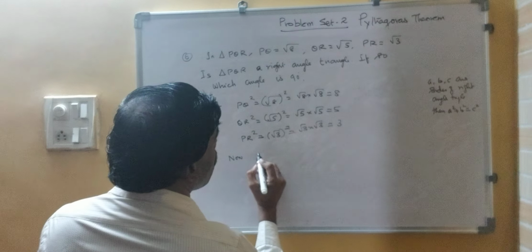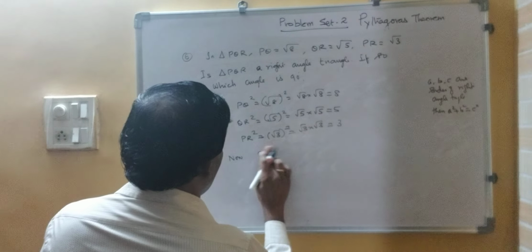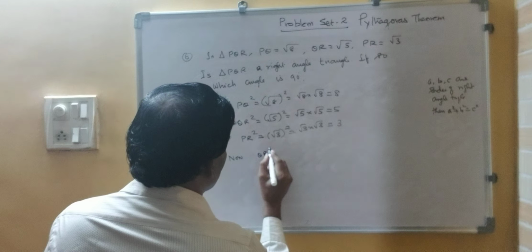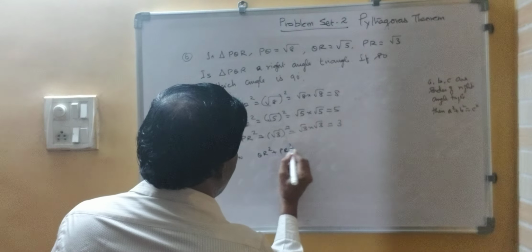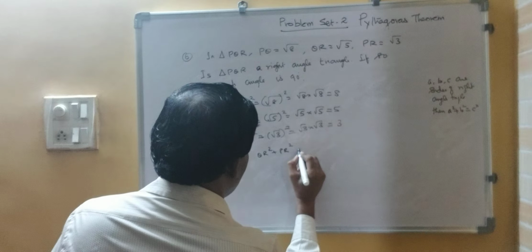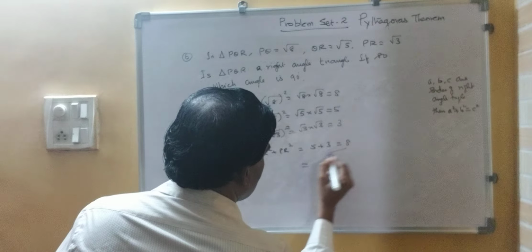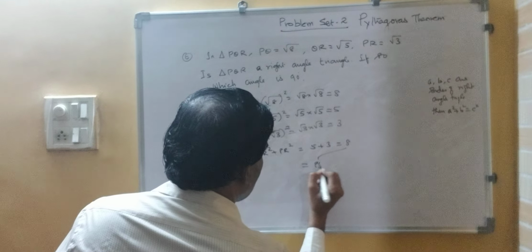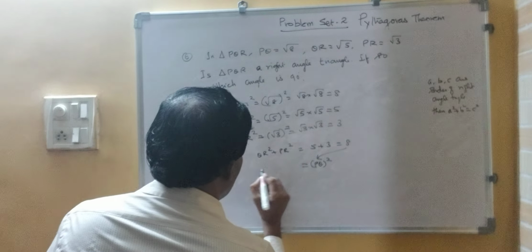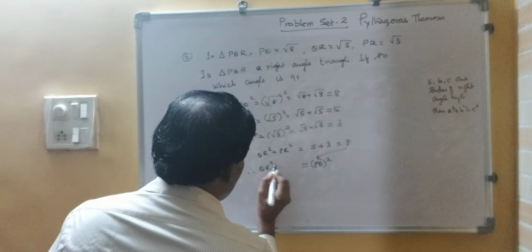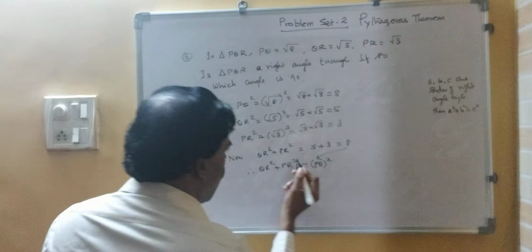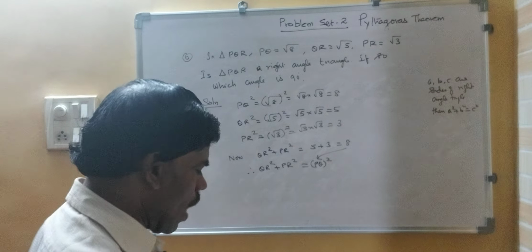Now look at this. QR square plus PR square equal to 5 plus 3, which is equal to 8. But what is 8? PQ square. Therefore, QR square plus PR square equal to PQ square.